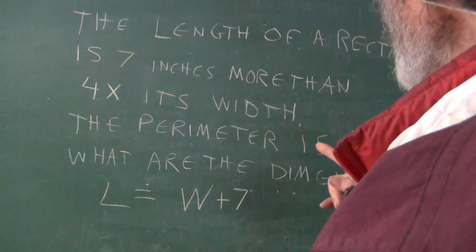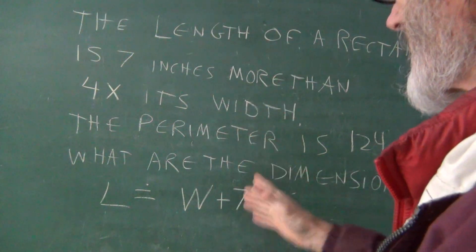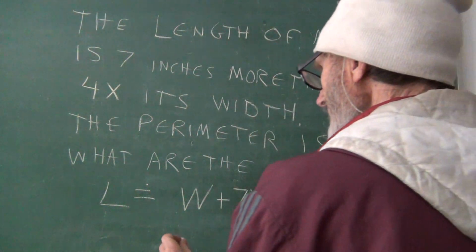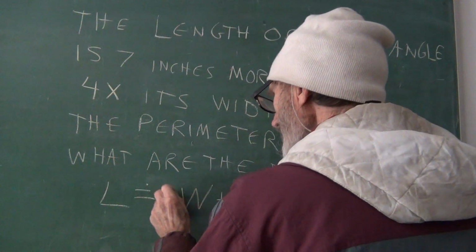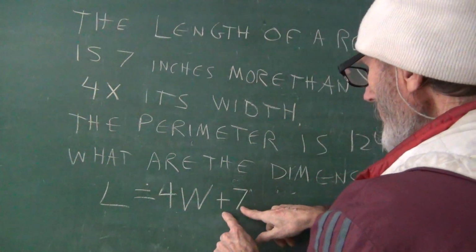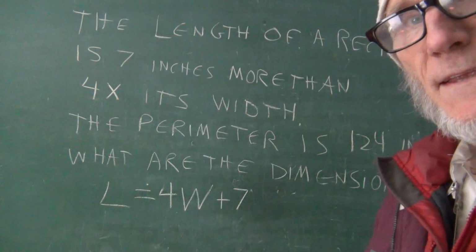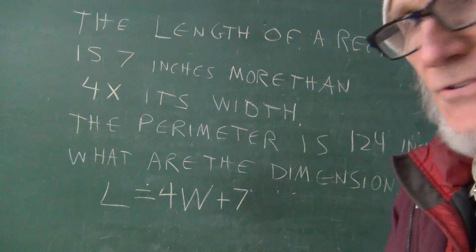And also, just think about it. It's 7 inches more than 4 times its width. So that would mean we'd have 4 times the width here. So this would be 4 times the width plus 7 equals the length. So we've got the first sentence, and we now have it as an equation.